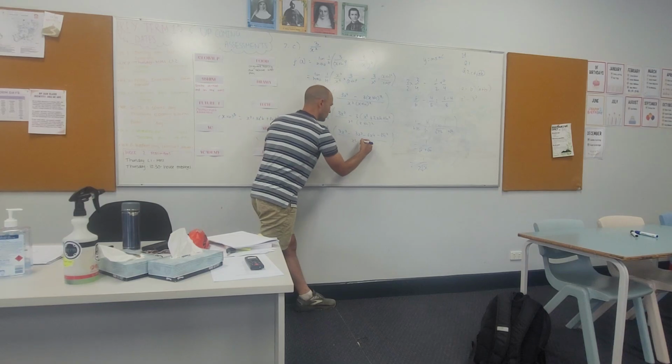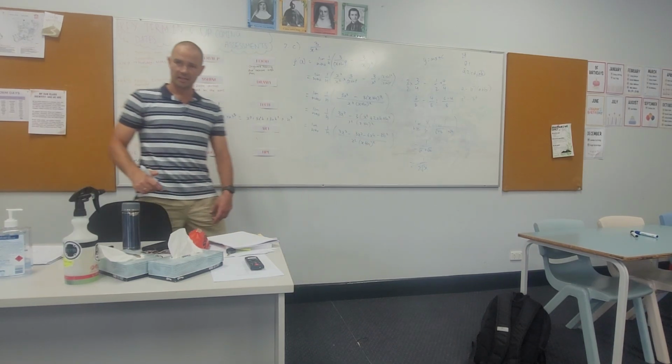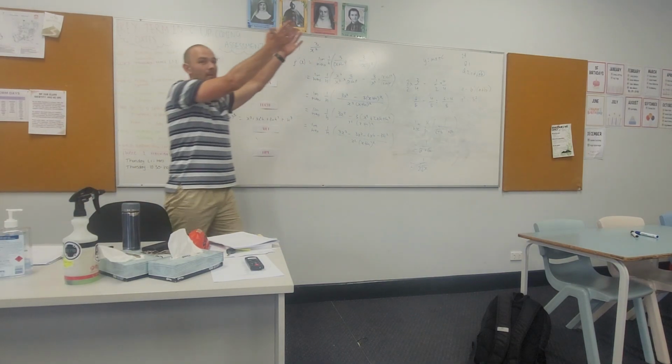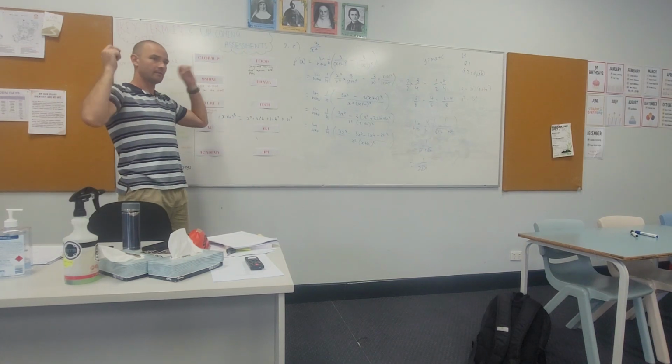Now, this is where I'm talking about leave the denominator alone. We don't want to expand it. If you expand the denominator, you end up with this really painful expansion and it way overcomplicates things. Don't expand the denominator.